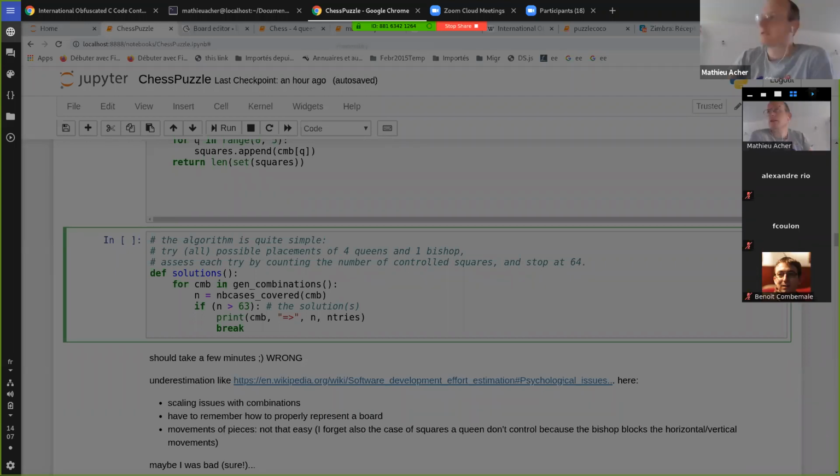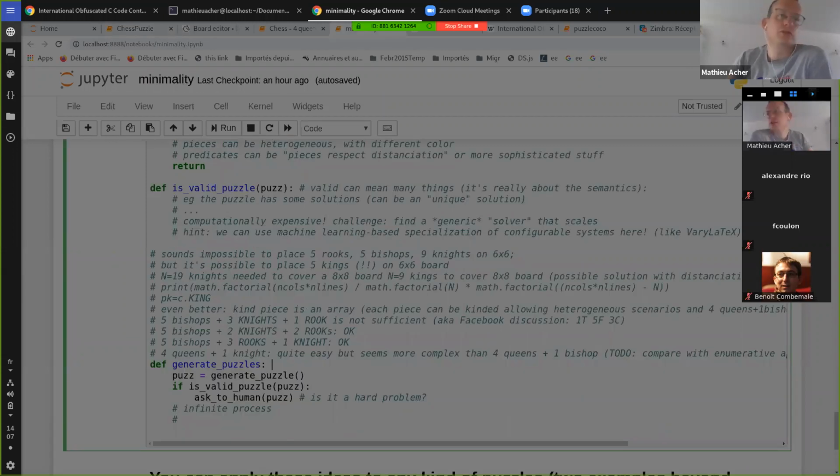So it's an interesting heuristic to filter out some apparently too hard problems. Yeah, that's something in this loop here, generate puzzle. Exactly there, you can integrate this kind of thing. That's kind of interesting.